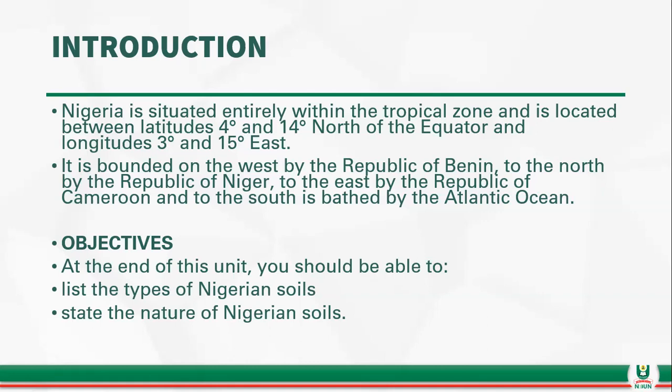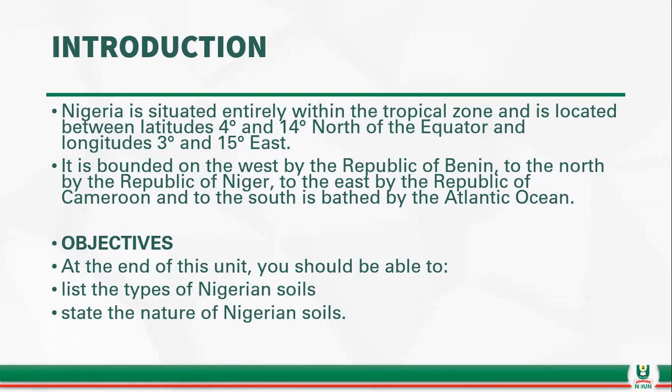Nigeria is bounded on the west by the Republic of Benin, to the north, Niger, and to the east, Cameroon, and to the south, we have the Atlantic Ocean.